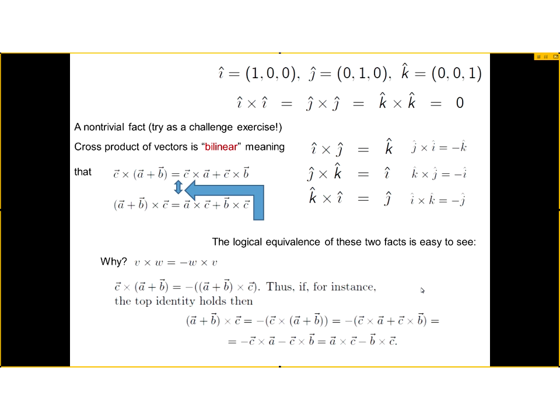V cross W is equal to minus W cross V. Thus, for instance, the top identity holds.